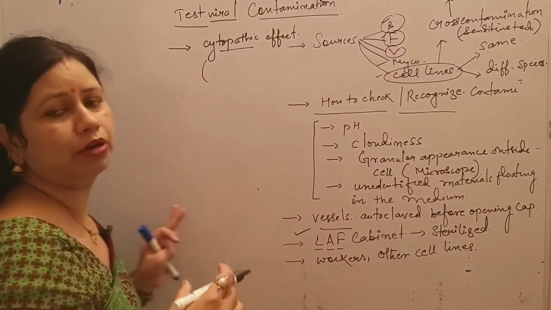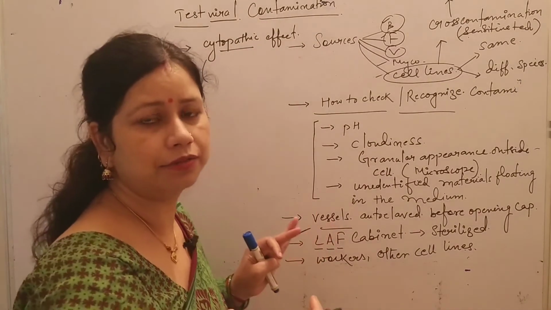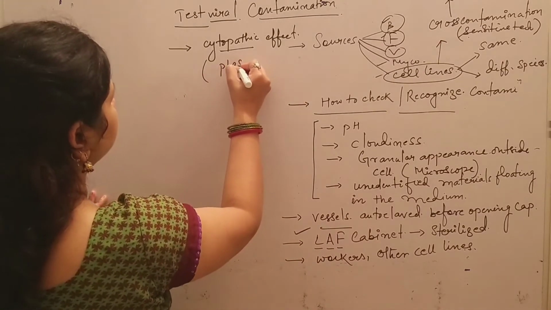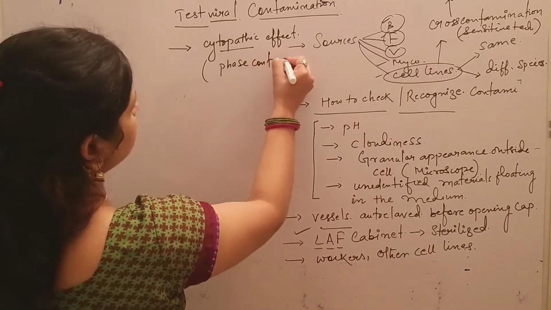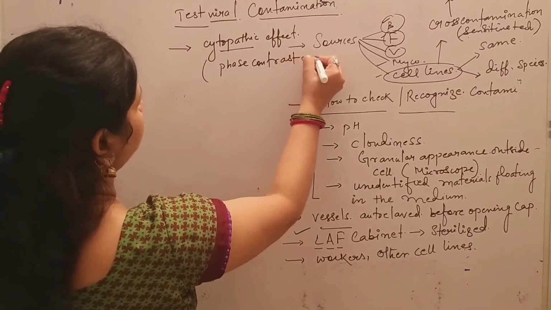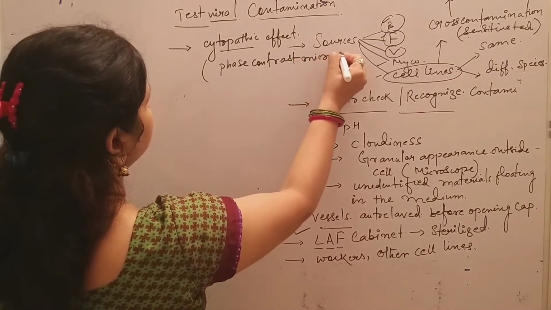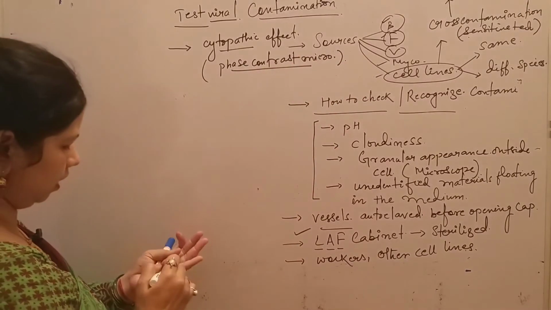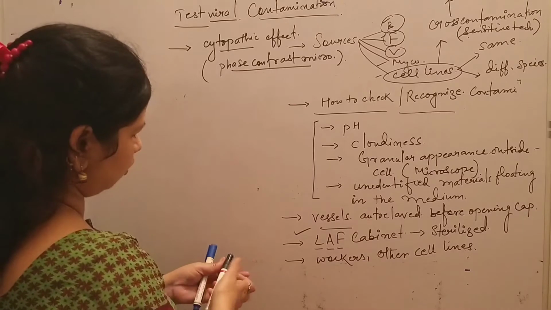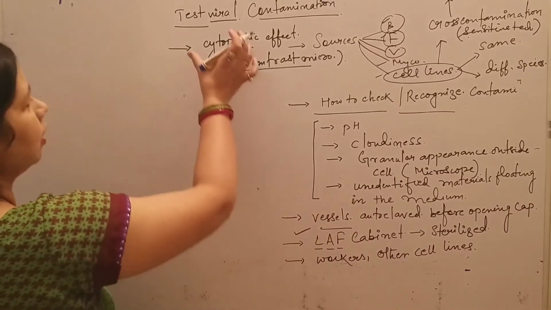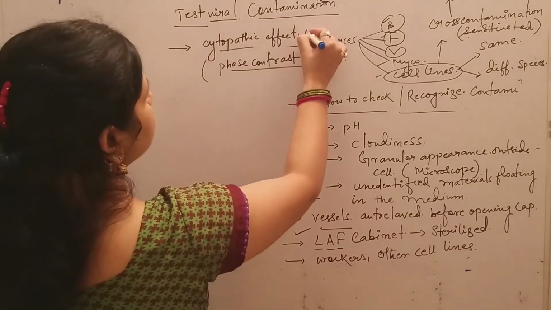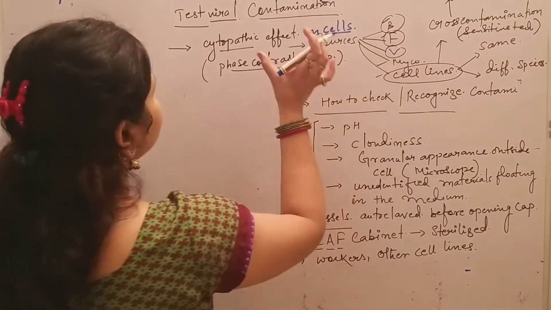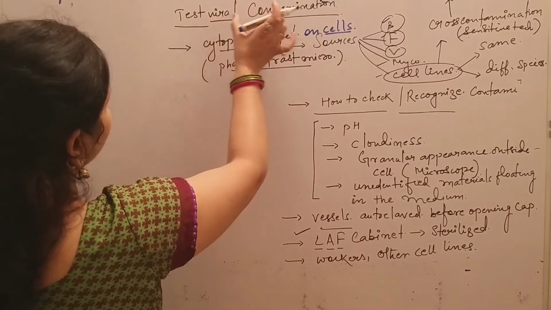Only with the help of a phase contrast microscope. By using the phase contrast microscope, we observe the cytopathic effect on animal cells, and we can detect the viral contamination.